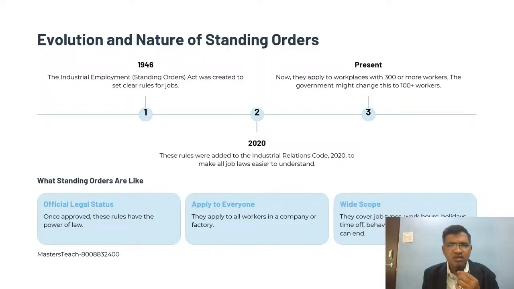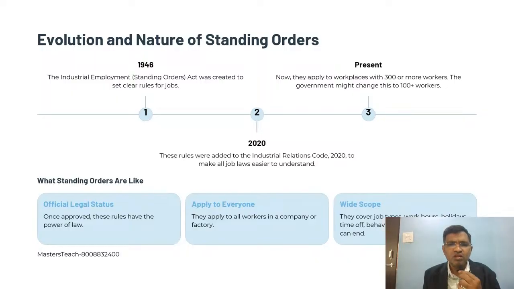Nowadays they apply to workplaces with 300 or more workers. The government might change this to 100 workers also. So this is applicable where 300 plus workers are there, and the government can change it to 100 plus workers also.